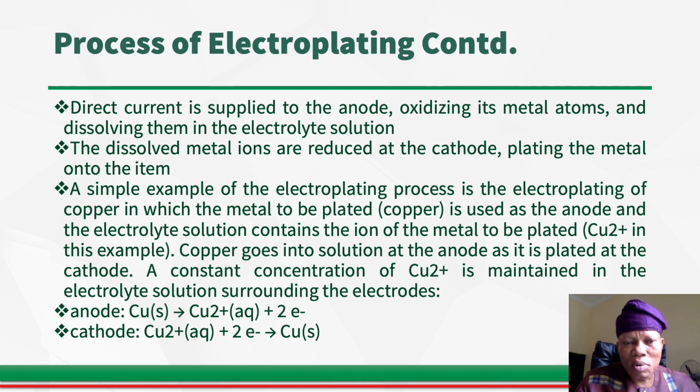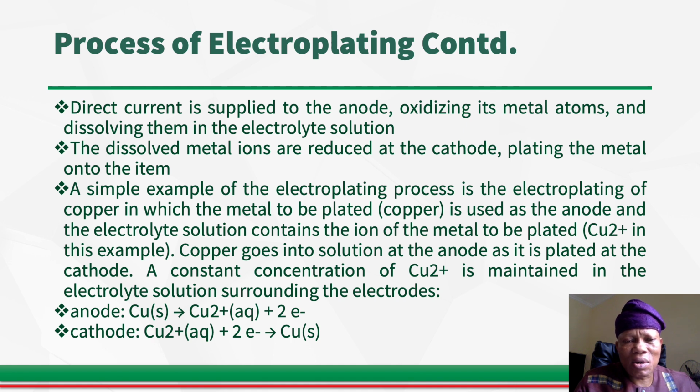A simple example of the electroplating process is the electroplating of copper, in which the metal to be plated, copper, is used at the anode, and the electrolyte solution contains the ion of the metal to be plated, that is the copper 2 ion. In this example, copper goes into solution at the anode as it is plated at the cathode.